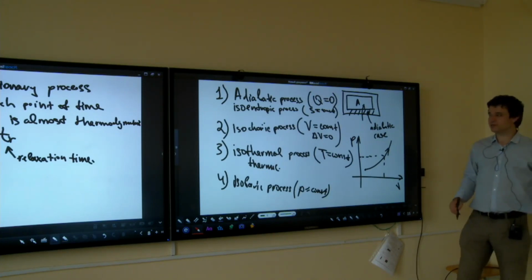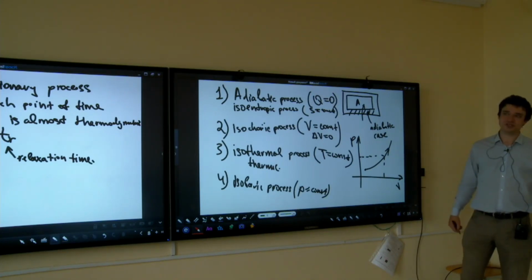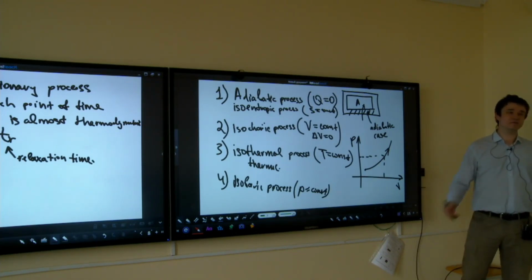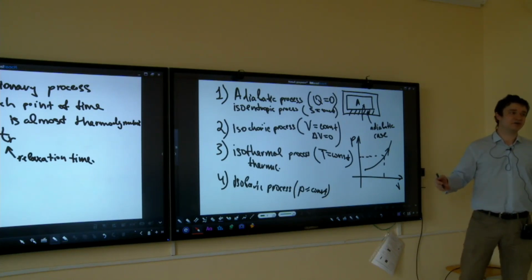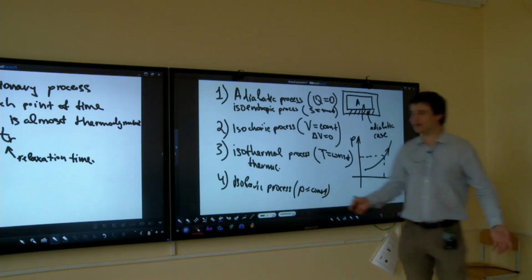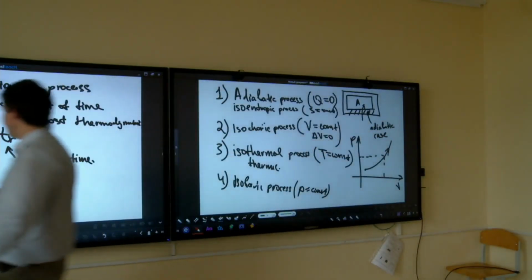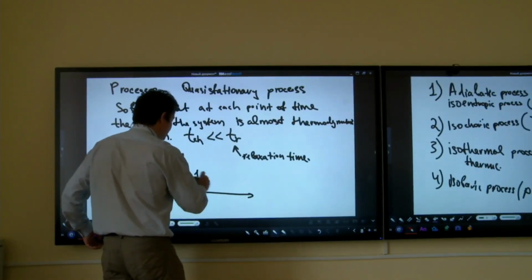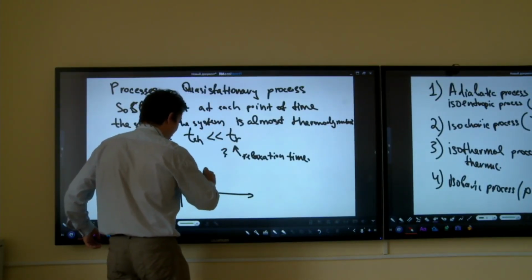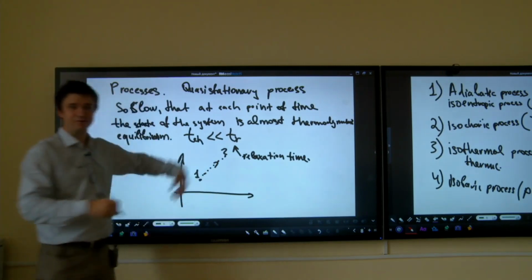So sometimes the teachers like to ask you to draw a process on the PV diagram, like an initial state, a final state, and a jump from one to another.